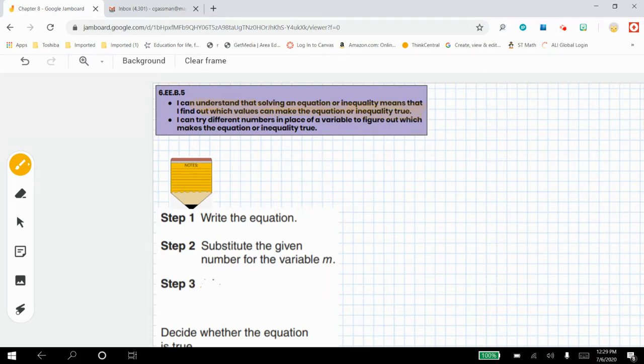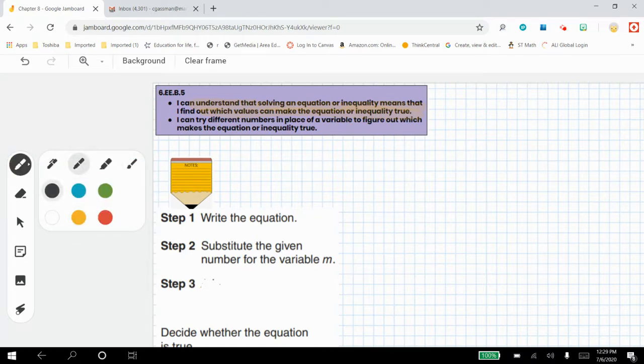So I'm going to give you an equation with a variable, and we're going to decide whether or not it's true. The second part says I can try different numbers in place of a variable to figure out which makes the equation or inequality true.